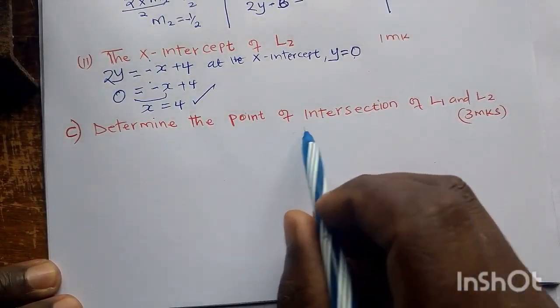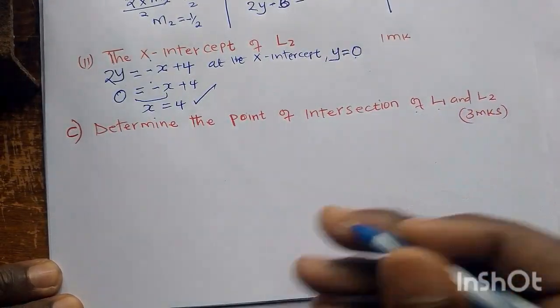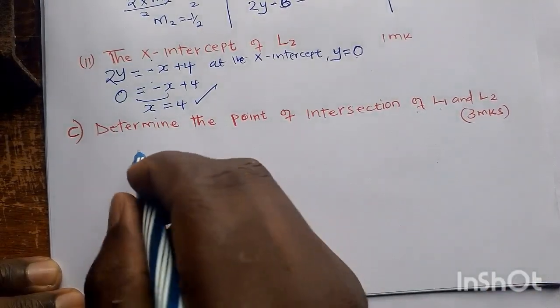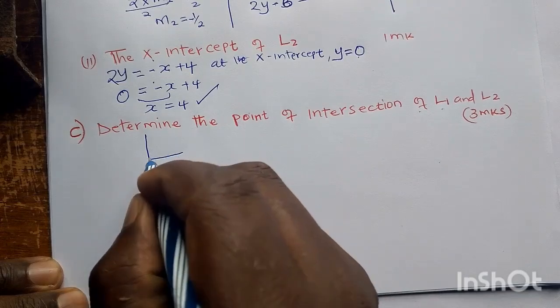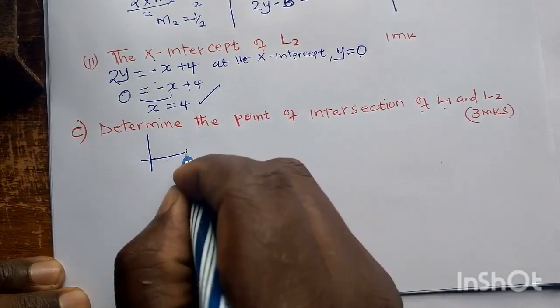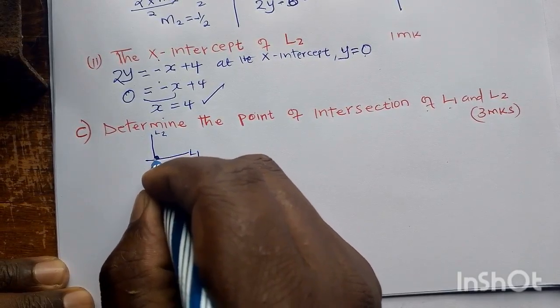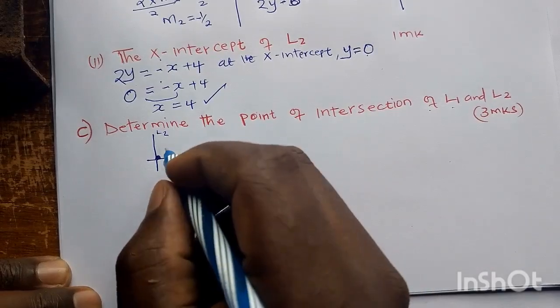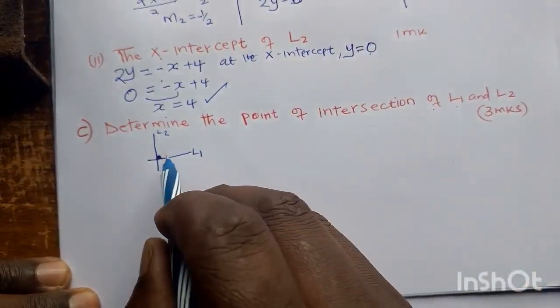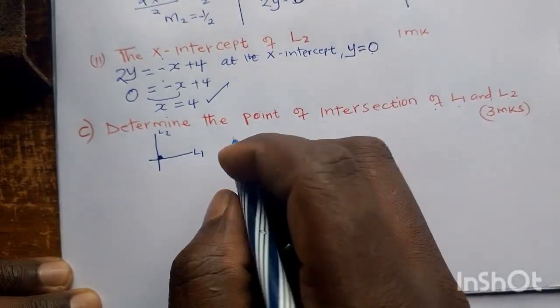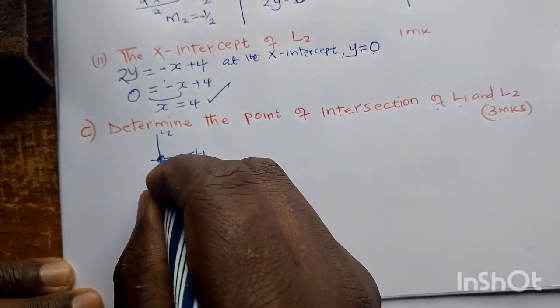Determine the point of intersection of L1 and L2. These two lines are meeting. At the point where L1 and L2 meet, the value of y is going to be the same. So you can now solve the two equations simultaneously and you get the point of intersection where they are meeting.